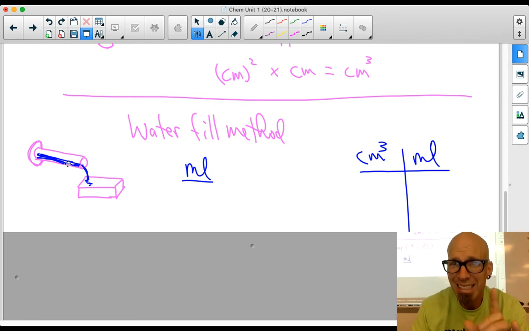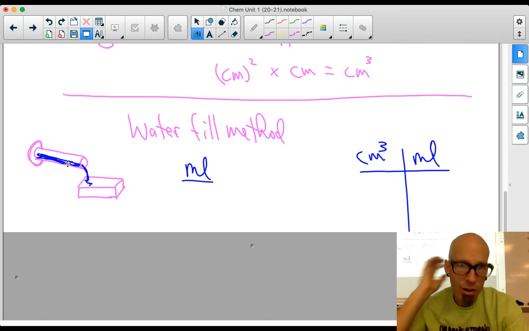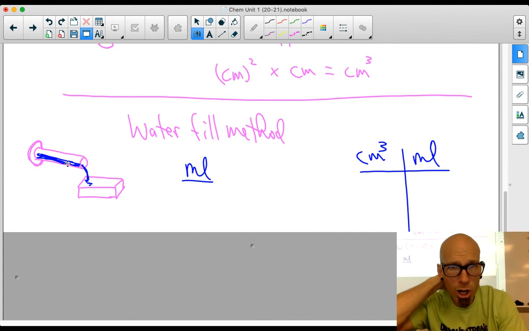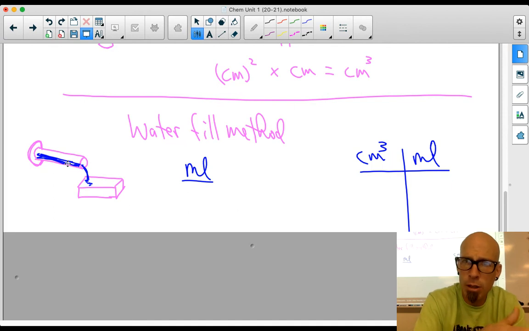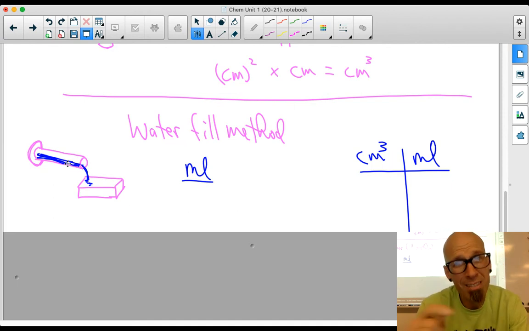I said we should probably do it the other way around, because if you have a container full of water and you try to carry it somewhere and pour it into another container to measure it, you're probably going to spill it. If y'all can't put sugar in a vial without spilling it, I really don't think you're going to be able to pour water out of a full container into something else to measure it.